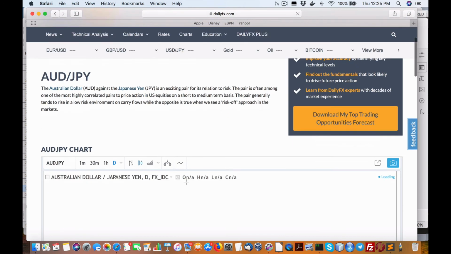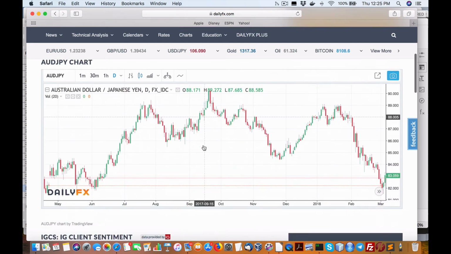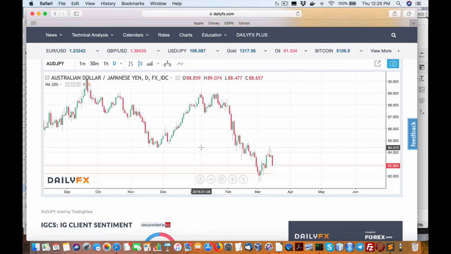Okay, so here's the chart. See, so for May, we are on a daily. But you can see we had a nice move up and then just got clobbered.